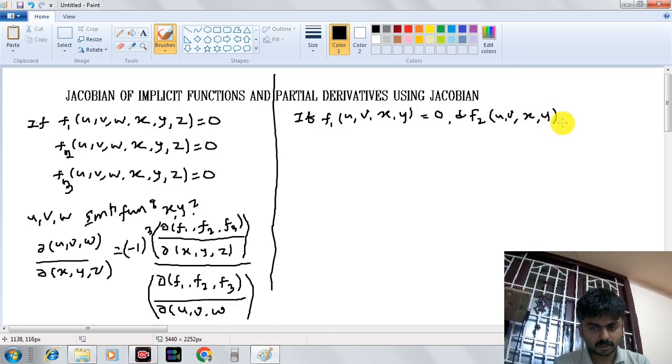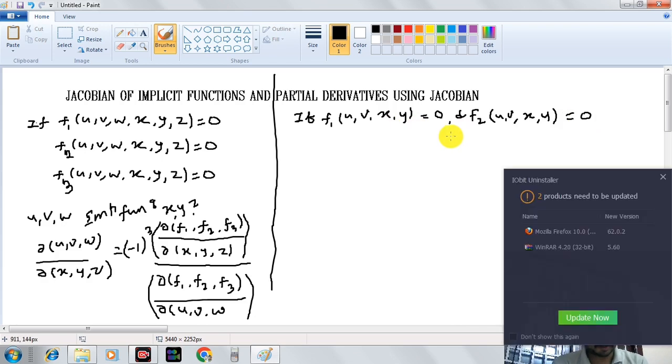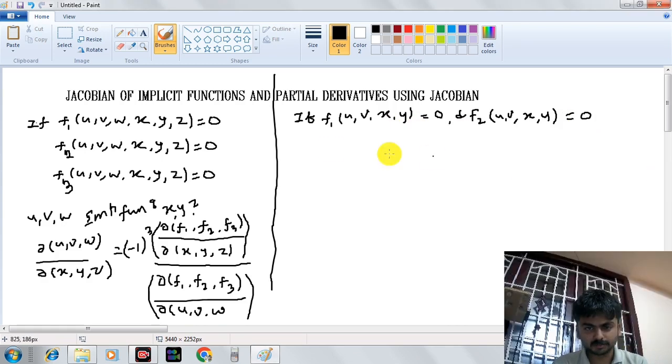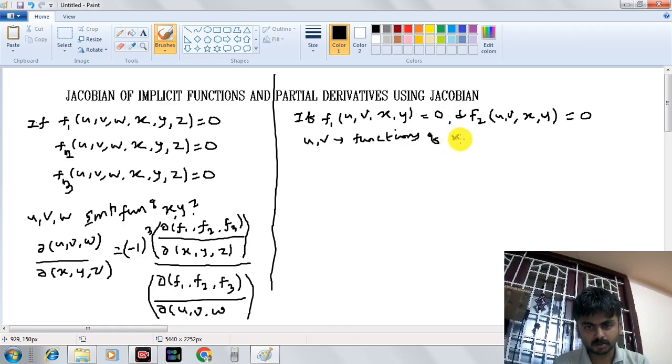These are two implicit functions, and if u comma v are considered as functions of x comma y, then we have a formula.